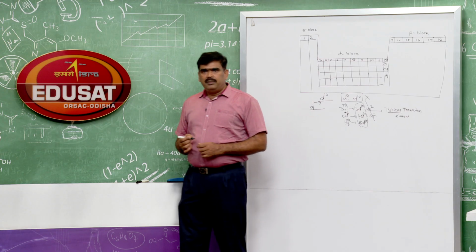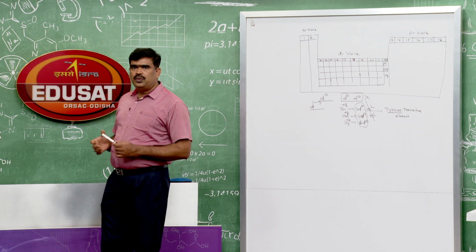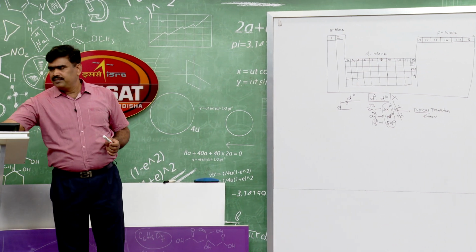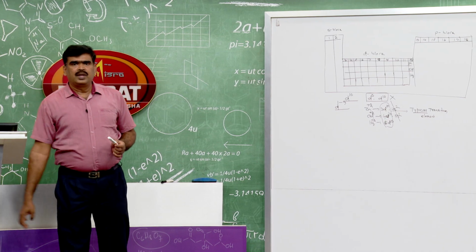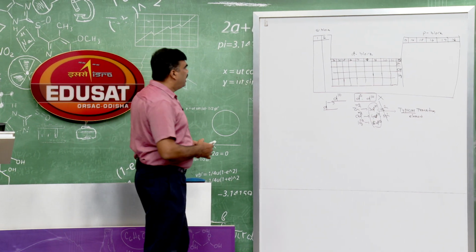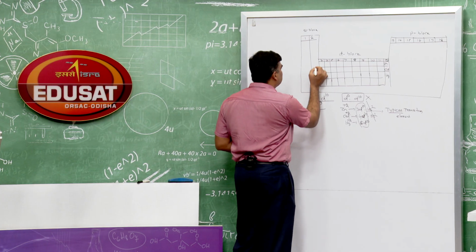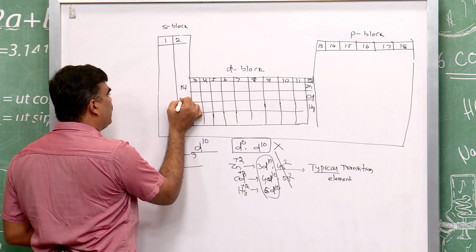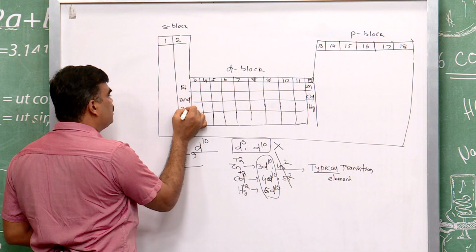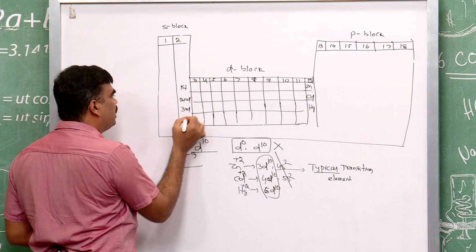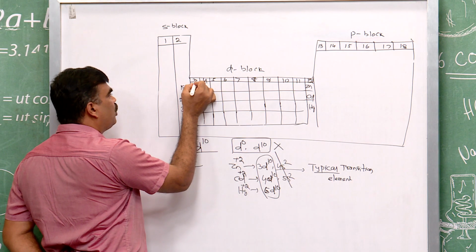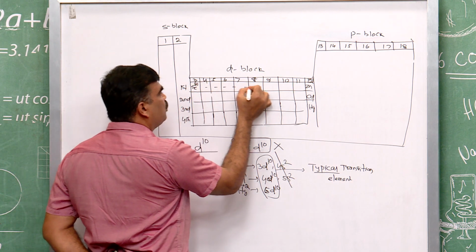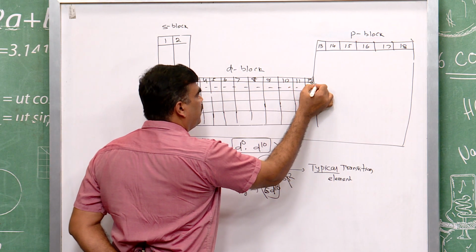The transition elements are divided into 4 series. You see, this is your first transition series, this is your second transition series, third transition series and fourth transition series. The first transition series starts with scandium 21 and continues till zinc 30.